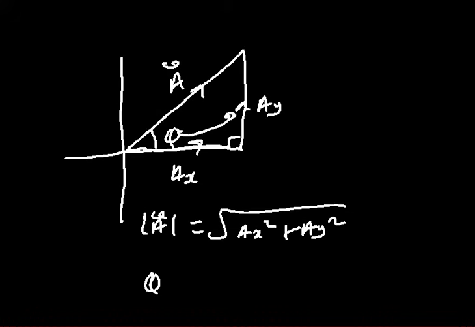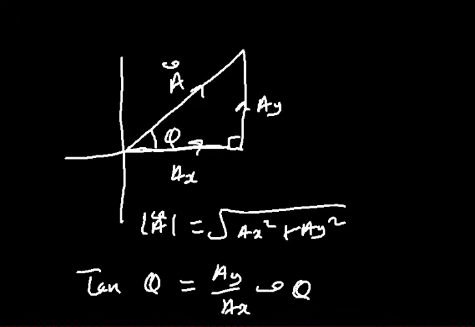So tan theta is equal to Ay over Ax. And what is theta? We'll have it as the tan inverse of Ay over Ax. So that's how the angle will be calculated.